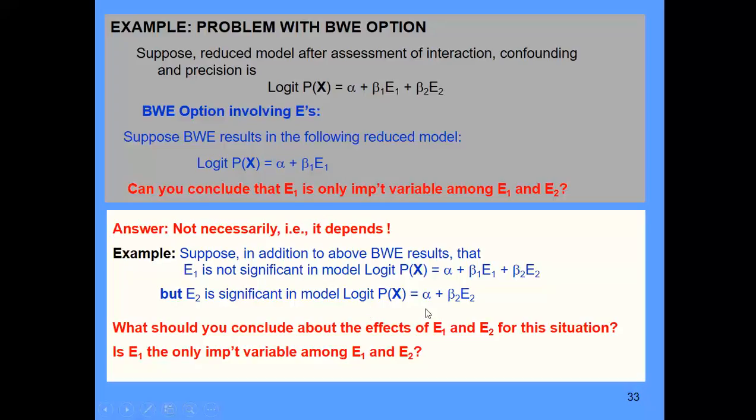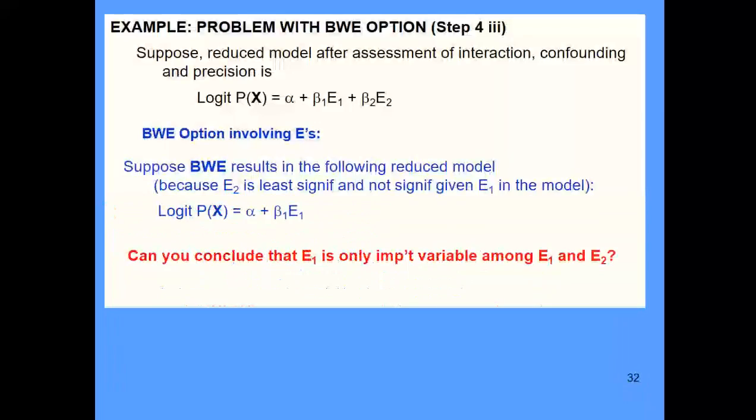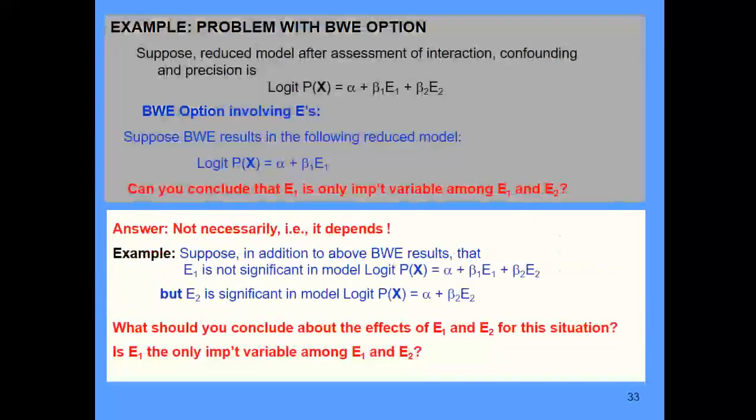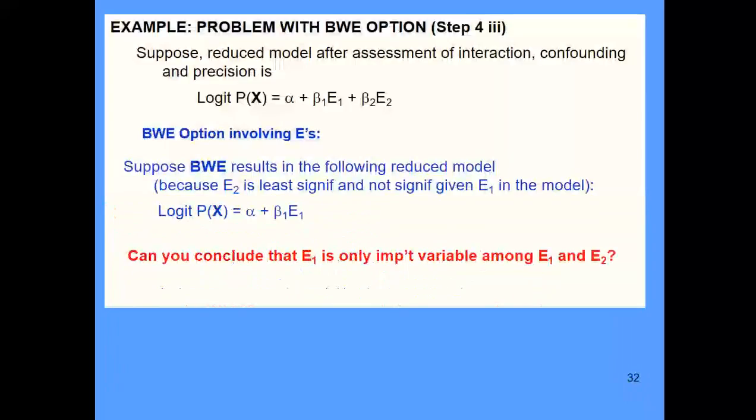Suppose it turns out that we have this situation: E2 is not significant given E1 in the model, but suppose it turns out E2 is significant in the model that just has E2 in there. In other words, E1 wound up in your final model when you did backward elimination, and E2 would drop out.